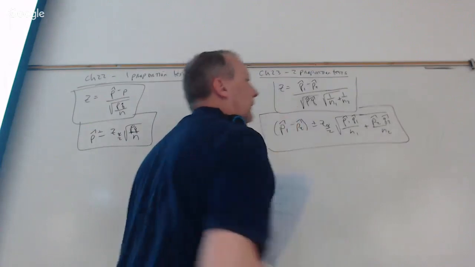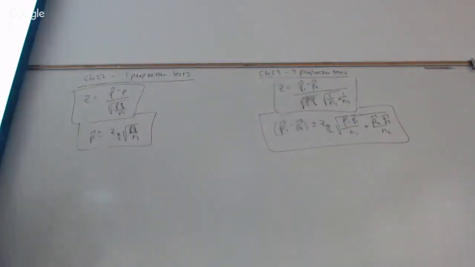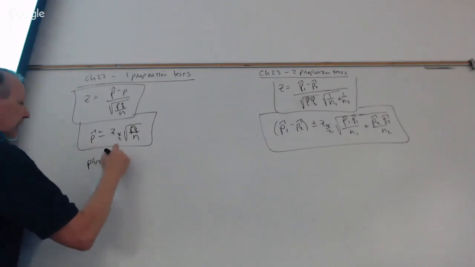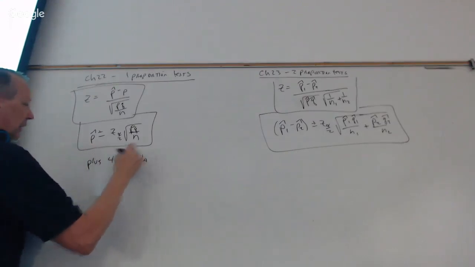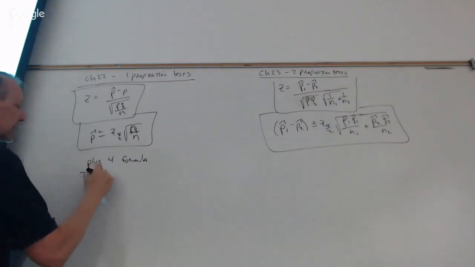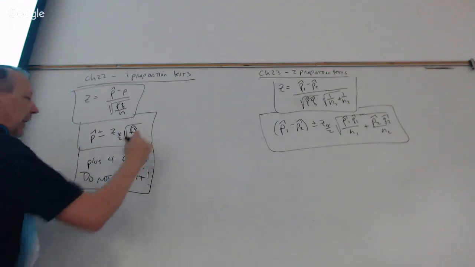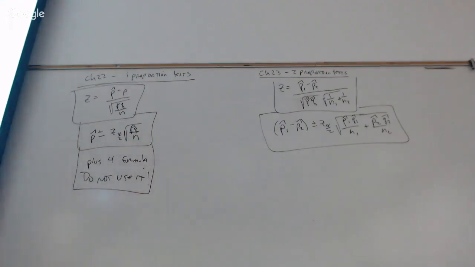Now, the book has what we call the +4 formula. Do not use it. It's a dumb formula. I'm shocked that they use it. First book I've ever seen that used it. I don't like it.